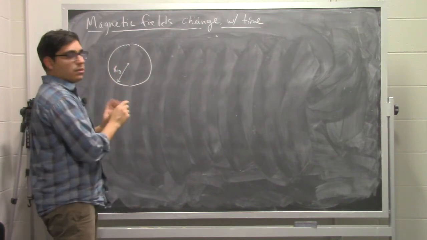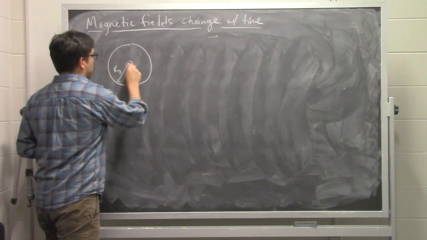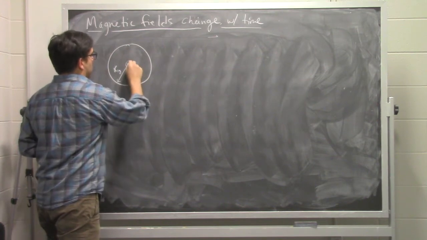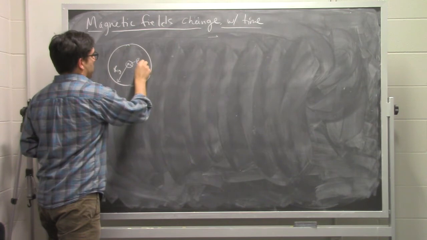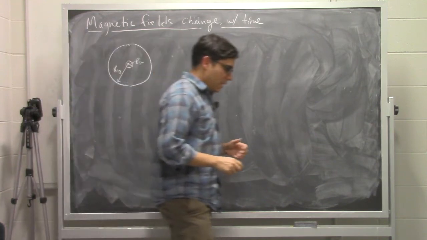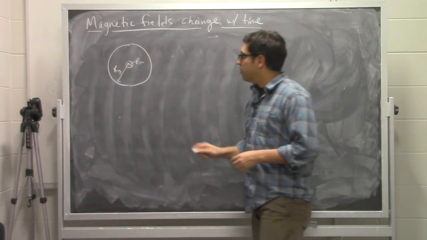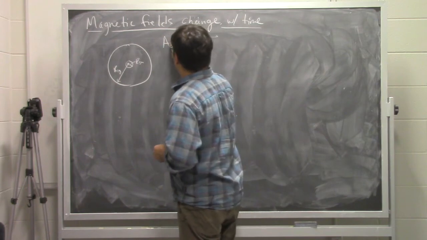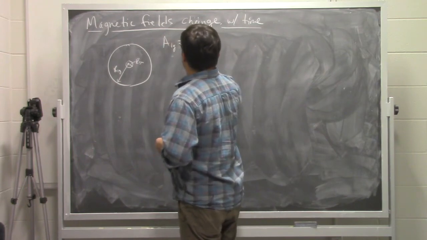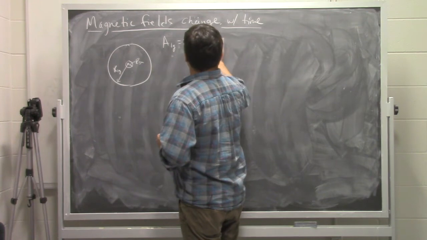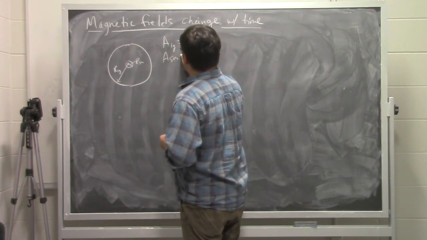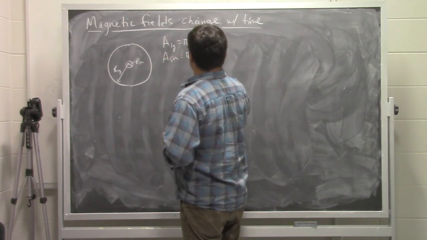And inside, right at the center, there's a much smaller loop that has a radius that we will call R_SM for R small. The areas of these two loops are given by A_LG, which is pi R_LG squared, and A_SM, which is pi R_SM squared.